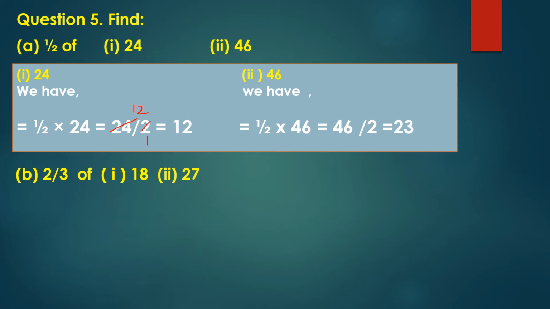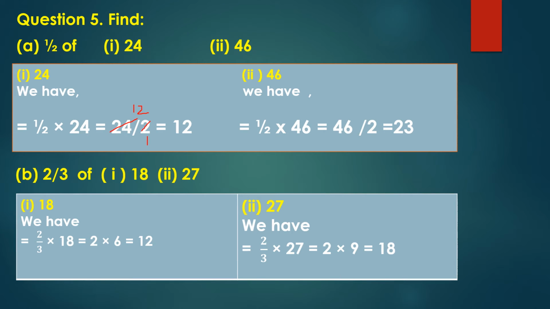And the second one, 1 by 2 of 46. Therefore 1 by 2 into 46, which is equal to 46 divided by 2, 2 ones are 2 and 2 23s are 46. Therefore 23 is the answer for question number 2. And next, 2 by 3 of 18 and 27.